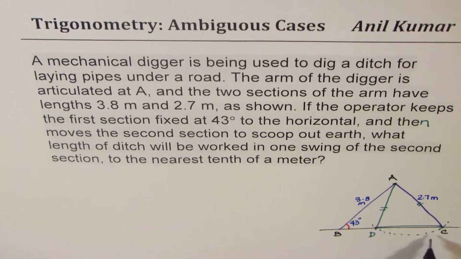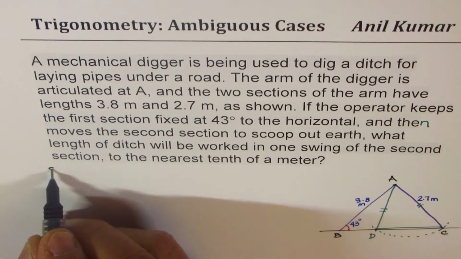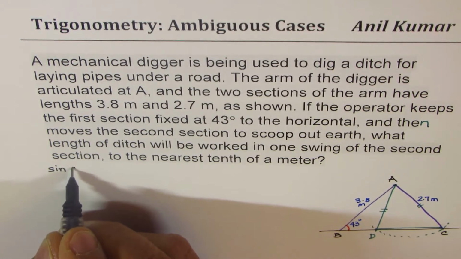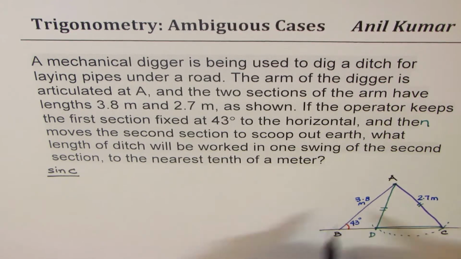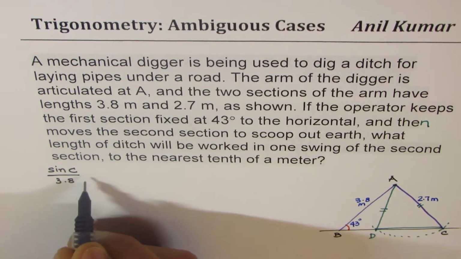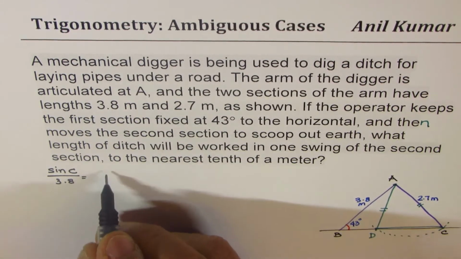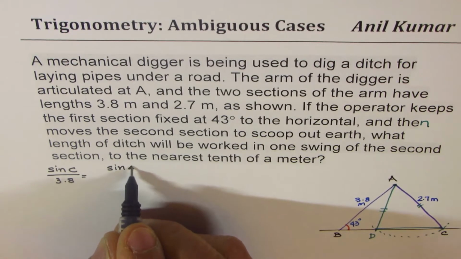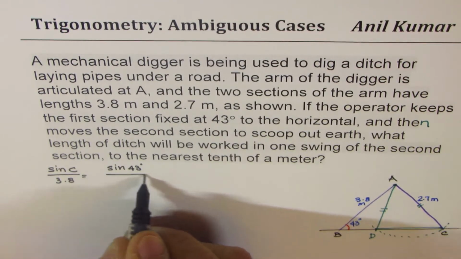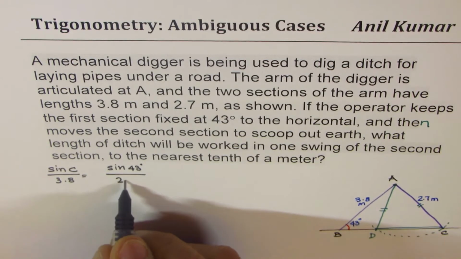Now from here, we can actually find angle C using sine law, right? So we can say sine of angle C over opposite side 3.8 is equal to sine of 43 degrees opposite 2.7.